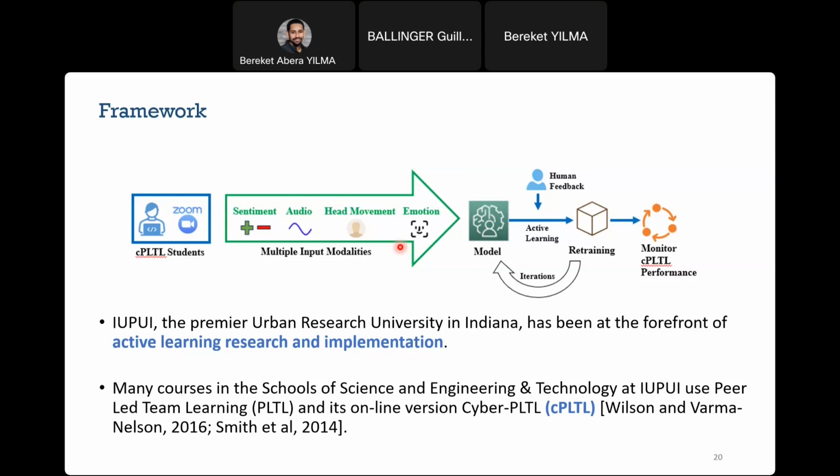Yes, actually it's a two-part problem. So after COVID, students tended to prefer the online, the CPLTL version, for obvious reasons, because they're non-traditional students, they're working full-time and they prefer that.